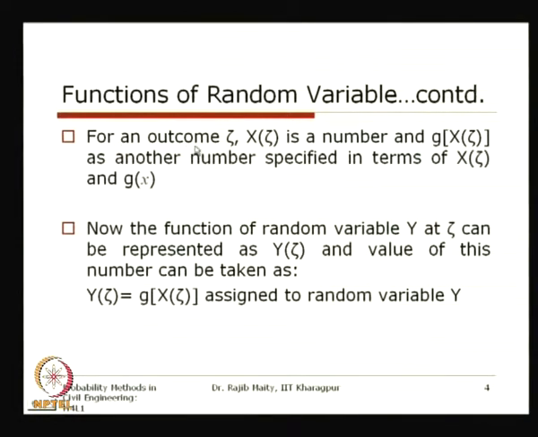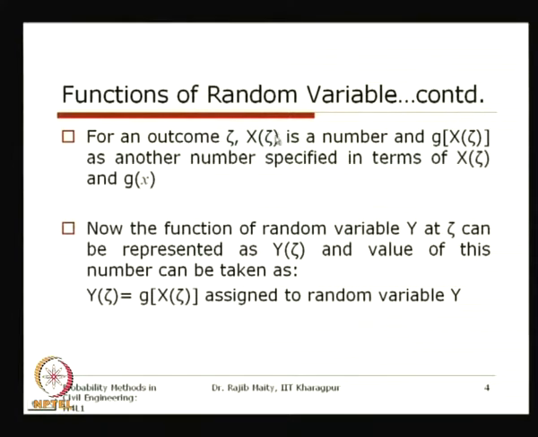Now, for an outcome ξj, we are taking one specific random experiment and just one specific outcome ξj. Then we know that x(ξj), for that random variable, is basically a number, mapping from the sample space to the real line. So, this x(ξj) is nothing but a number.